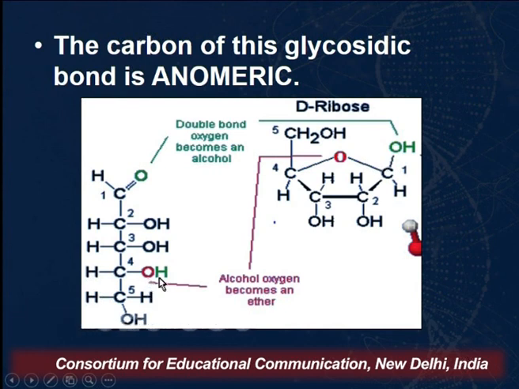And this hydroxyl oxygen is being converted into an ether group here. So this is the basic structure of a ribose, or a deoxyribose if we remove the oxygen from here, and the configuration is going to be beta because the OH on the first carbon and the OH on the fifth carbon are on the same side of the plane.